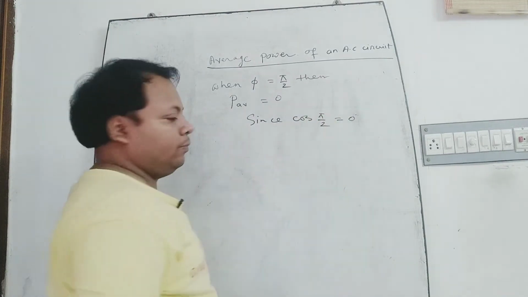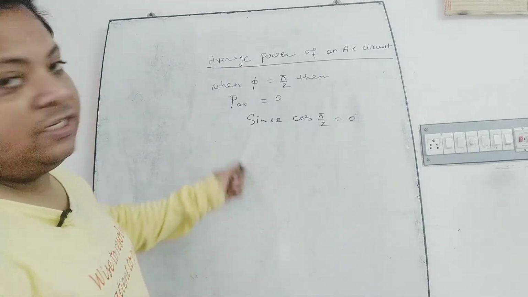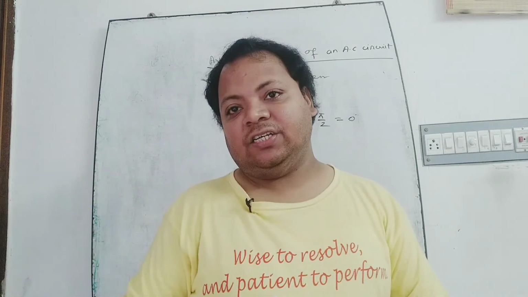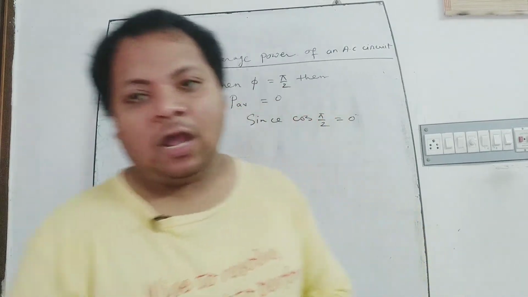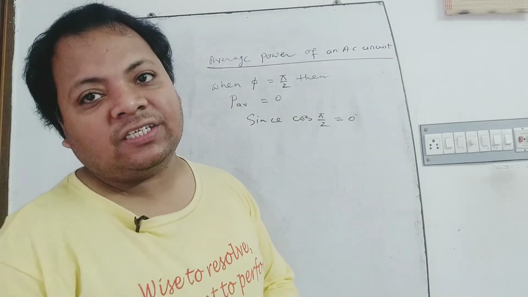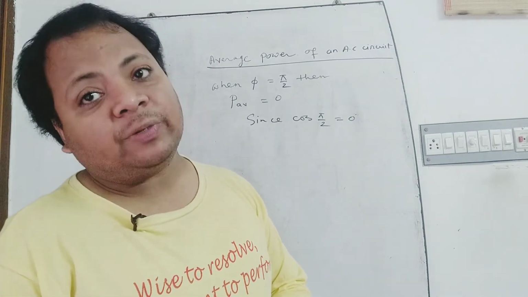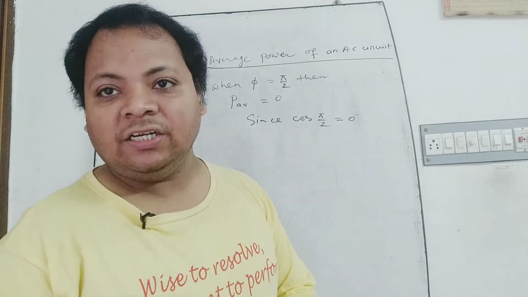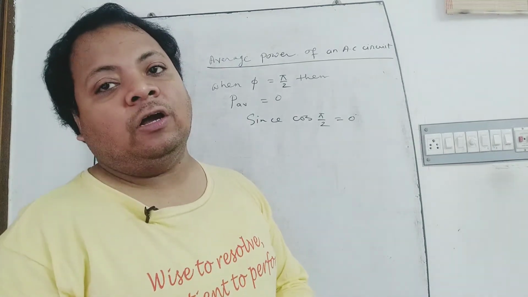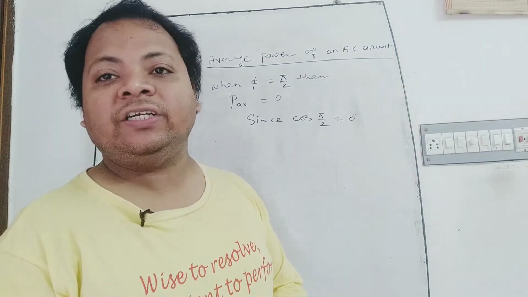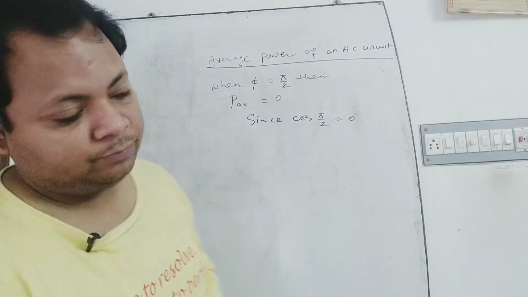This occurs inside the LC circuit. And when the circuit is purely resistive, with no inductor and no capacitor present in the circuit, then the power factor becomes 1 and the current and the voltage are in the same phase.